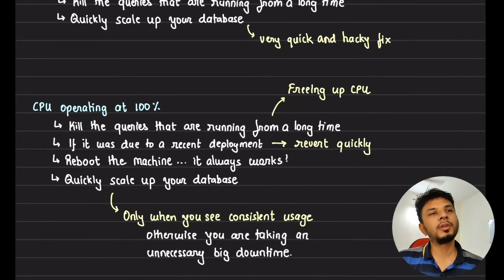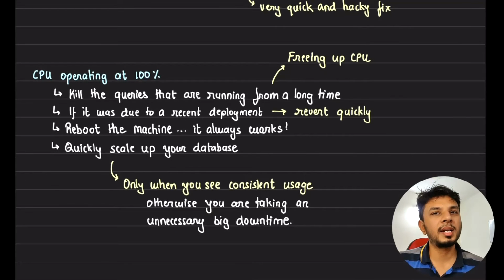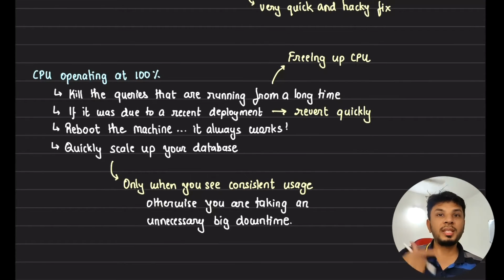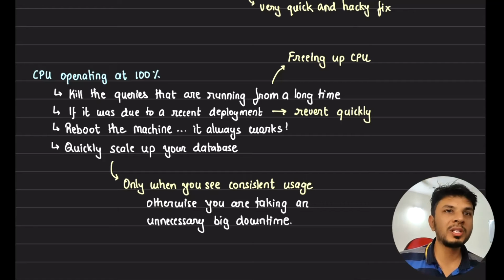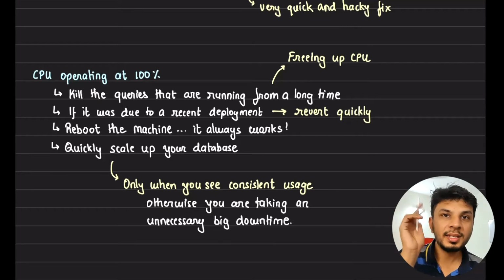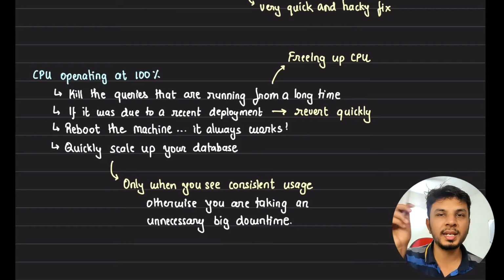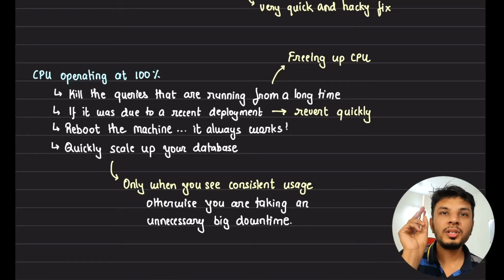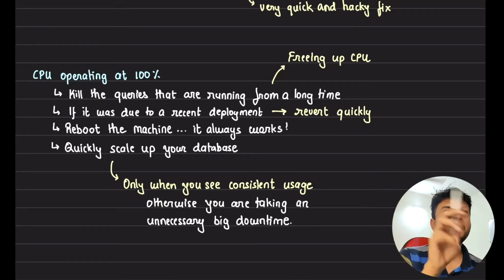Another short-term solution for another problem is CPU operating at 100%, which means that your CPU has maxed out. There are a few possible reasons to solve that problem. First of all, you need to have a monitoring tool in which you see that the CPU is constantly at 100%.